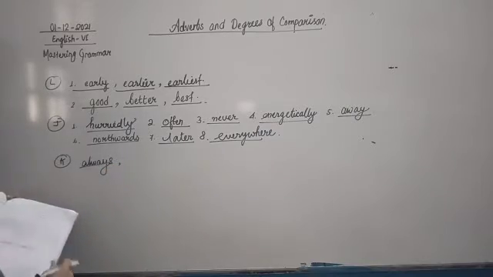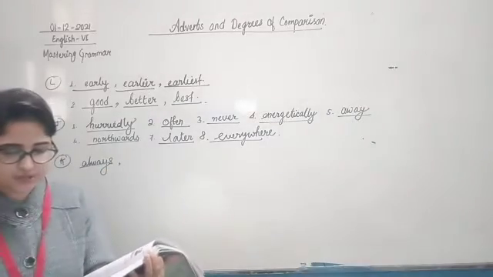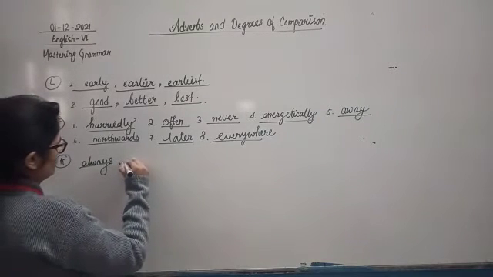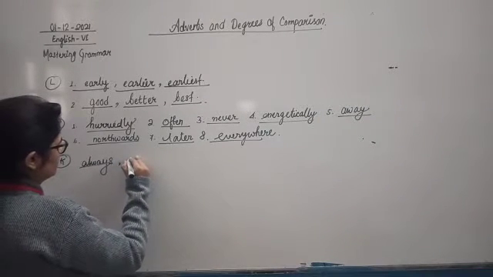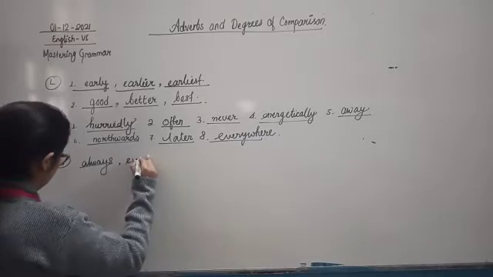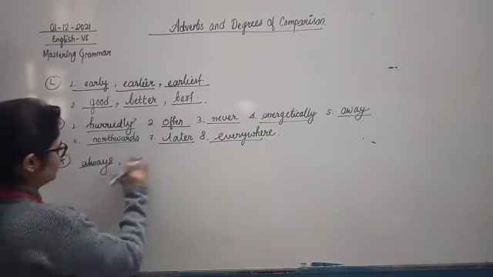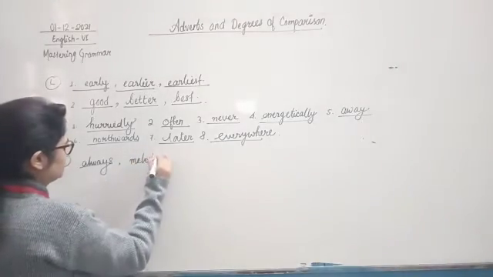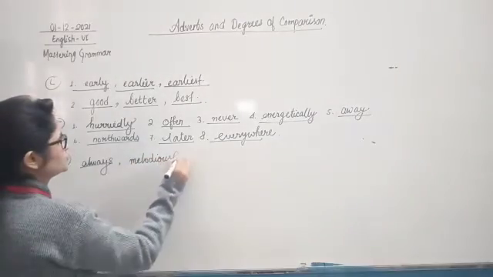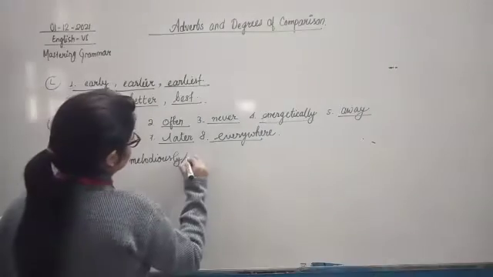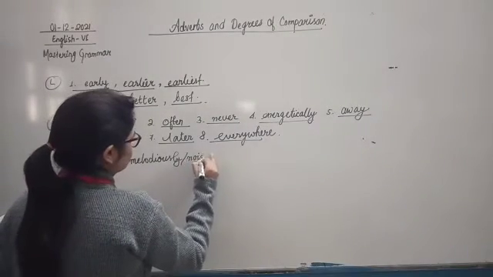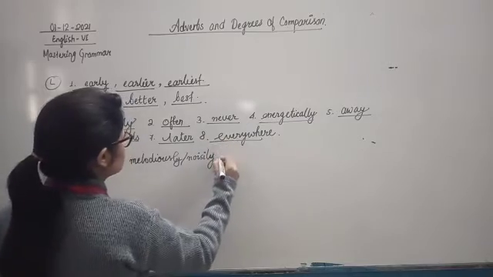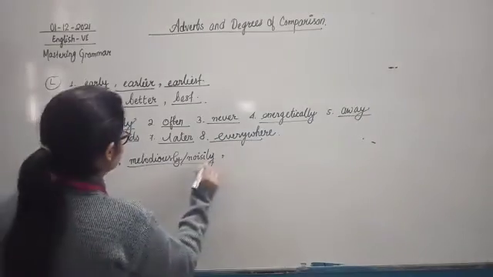Now, he could hear birds chirping everywhere. Okay, so we have to use adverb of manner. So, melodiously or noisily. Whatever you want to choose, we can write anything. Any adverb of manner describing voice, noise. Okay.